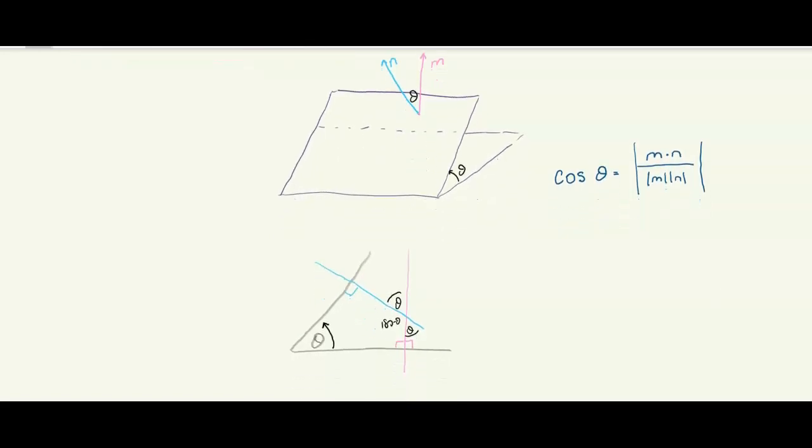So what we're saying is essentially that, therefore, the angle between two planes is equal to the angle between the normal vectors to those two planes.